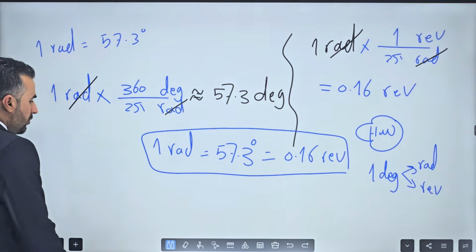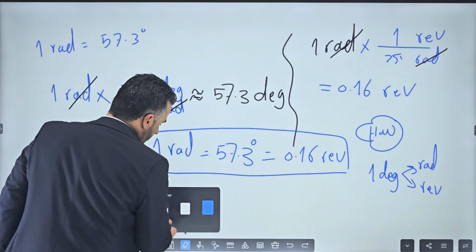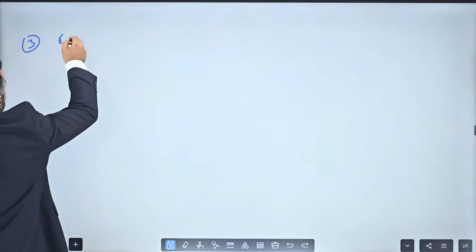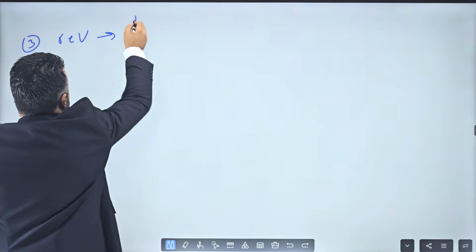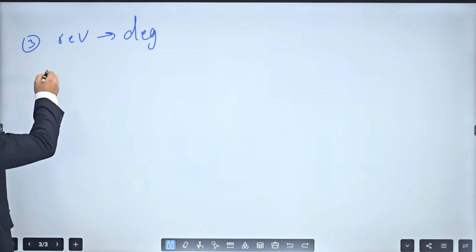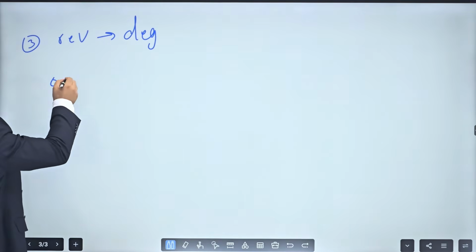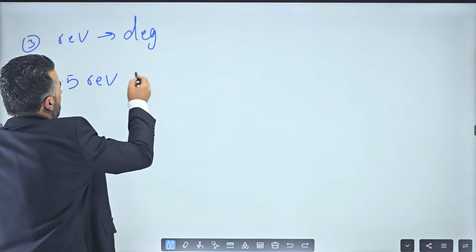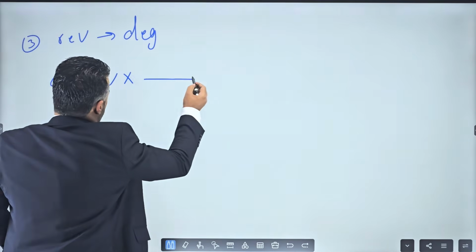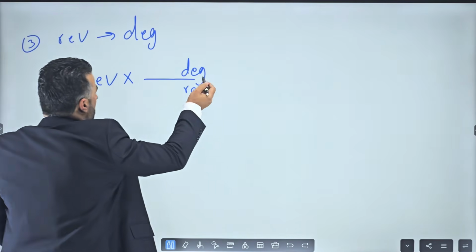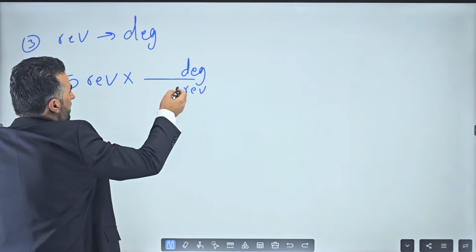I believe there is one more conversion left. That would be the third one, converting revs to degrees and vice versa. Let's say I'll use 0.5 revs to degrees here. Okay, so remember, rev below, degrees up, right? That's this. And then remember the numbers.